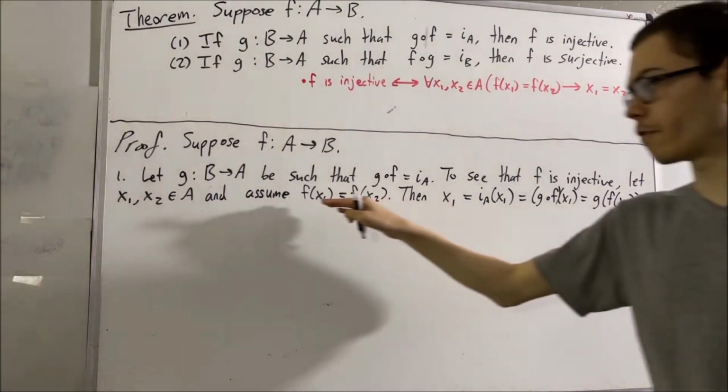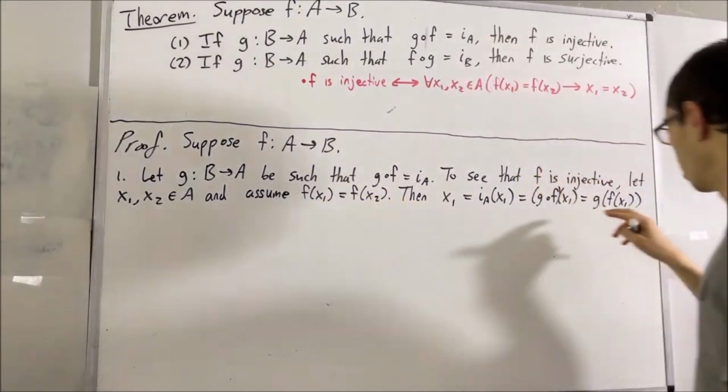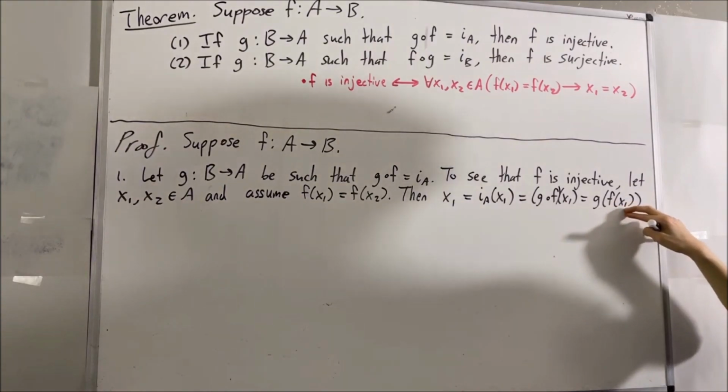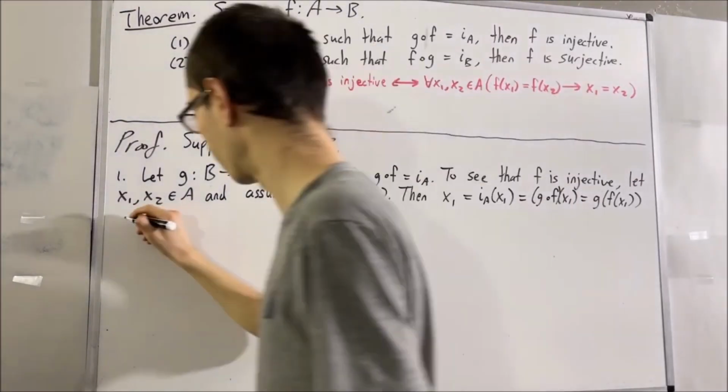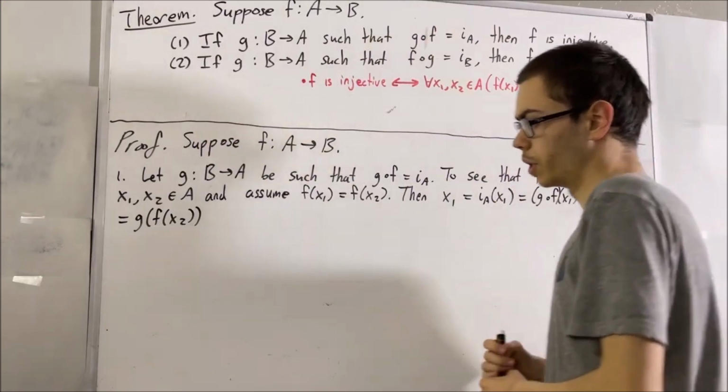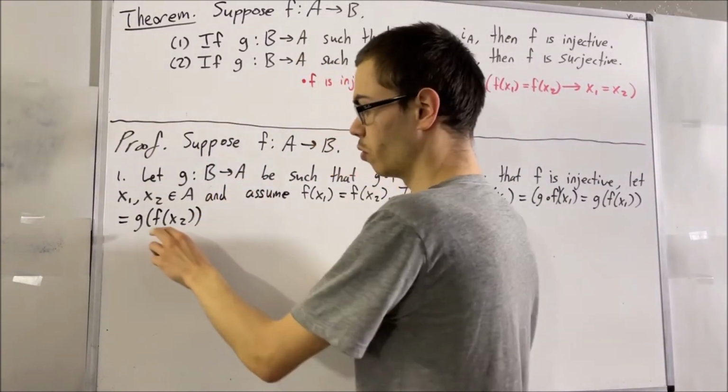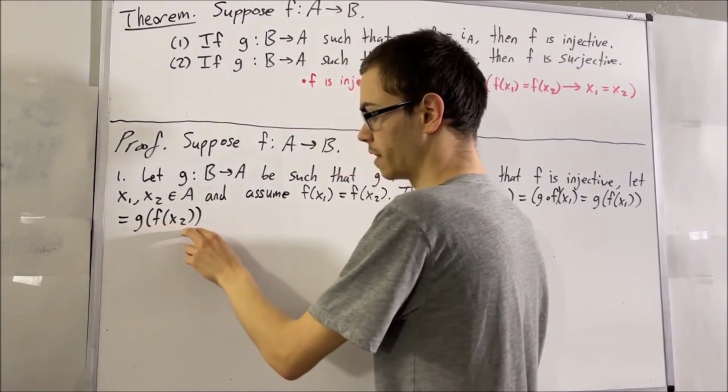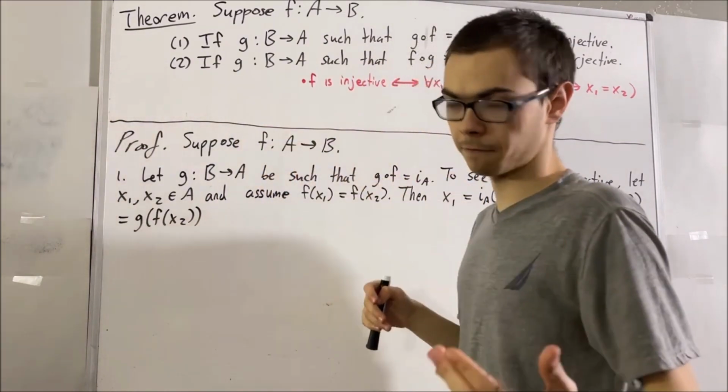But then, since f of x1 equals f of x2, we can replace the f of x1 here with f of x2. But again, by composition of functions, we know that g of f of x2 is the same thing as g compose f of x2.